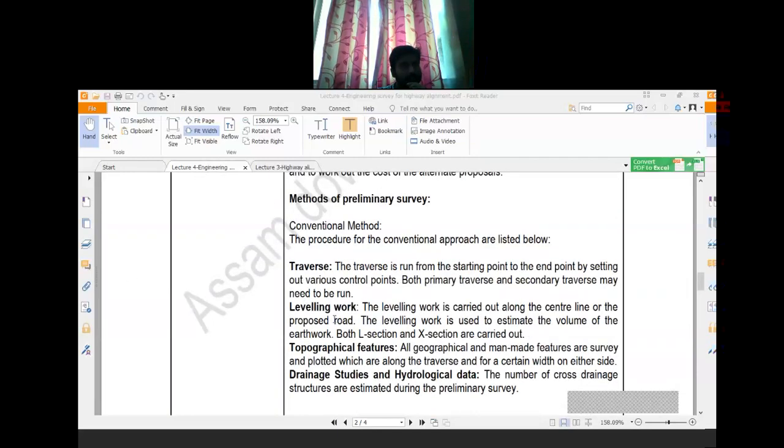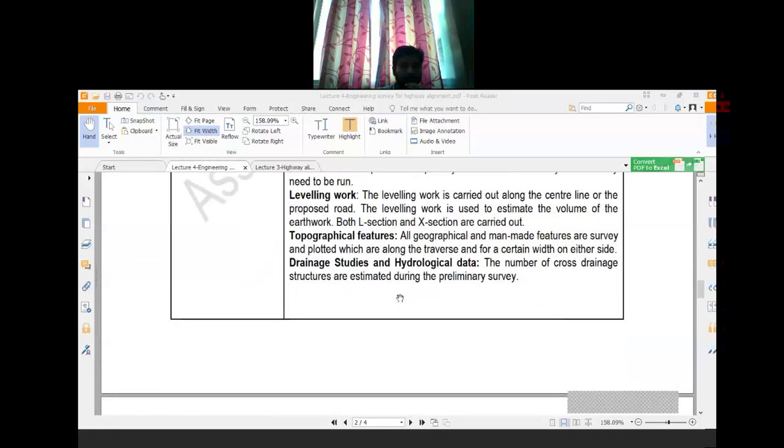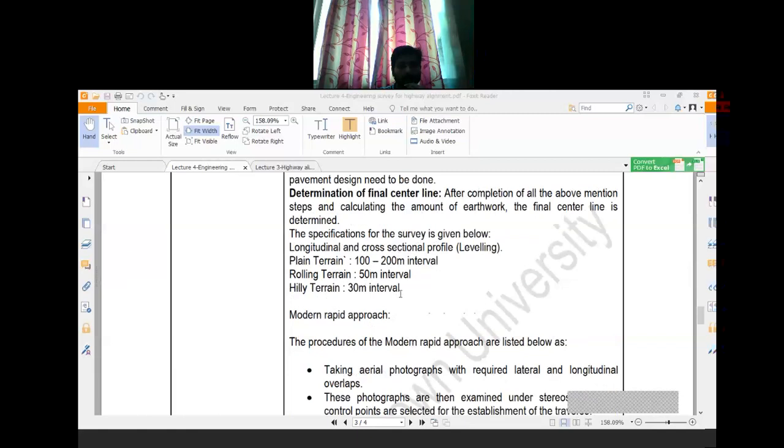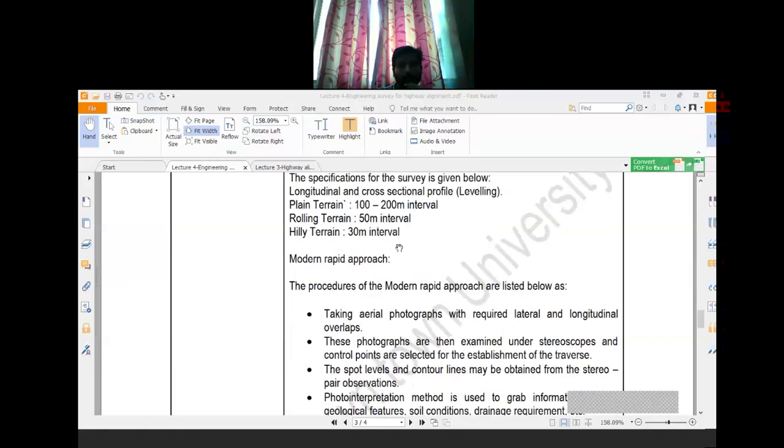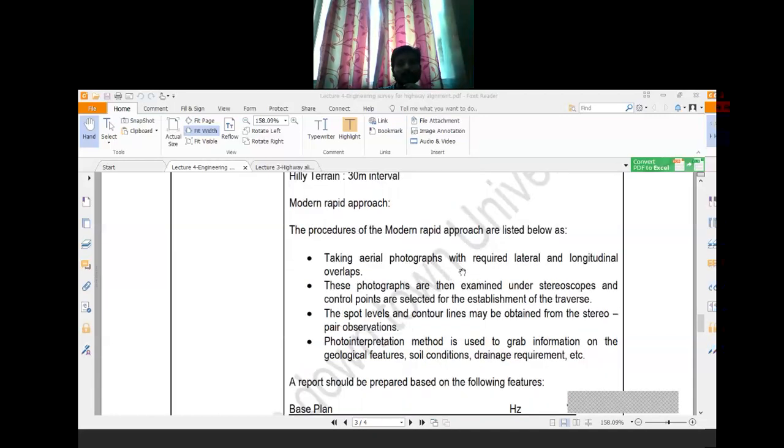The traditional approach means you go into the field with traditional instruments like the theodolite and other traversing instruments, and you go for the surveying work. Now in the modern method, what happens? The procedure of the modern method is taking aerial photographs with required lateral and longitudinal overlaps.